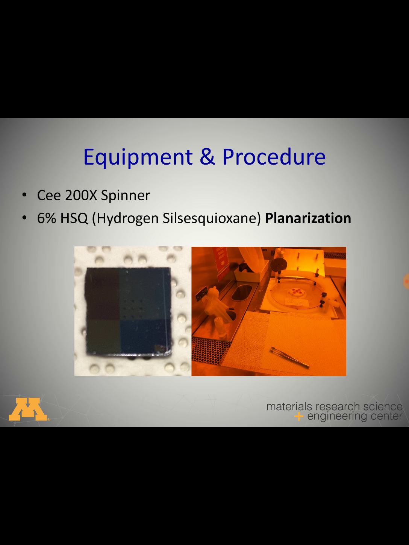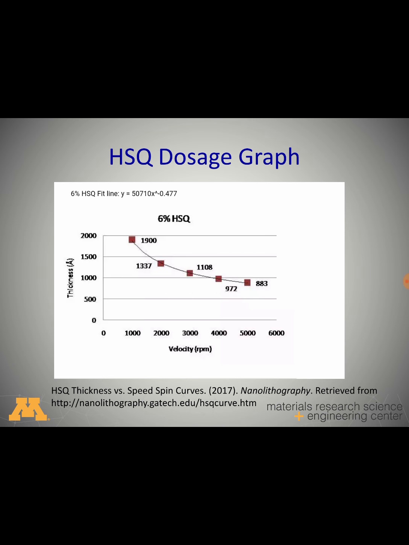And so here we can see the silicon substrate on the left, this wafer, and then we have some spinner equipment. What we do is take a look at this HSQ dosage graph, the relation between the velocity of the spinner equipment and the thickness that we desire here.